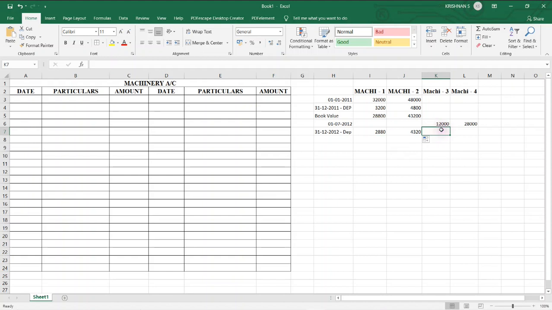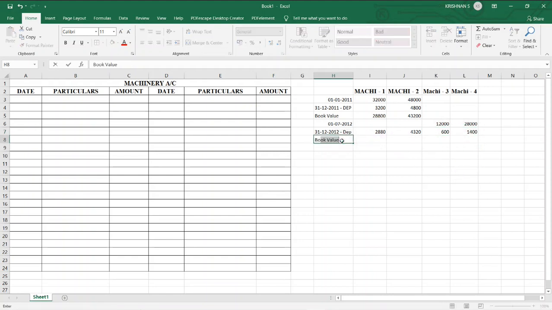Then for the third machinery we have to calculate depreciation for only 6 months, because we purchased the third and fourth machinery, that means machinery for rupees 40,000, on 1/7/2012. So we have to calculate depreciation for 12,000 and 28,000 for only 6 months. So 12,000 into 10 divided by 100 into 6 divided by 12, or 1 divided by 2. In the same way we can calculate depreciation for the fourth one.